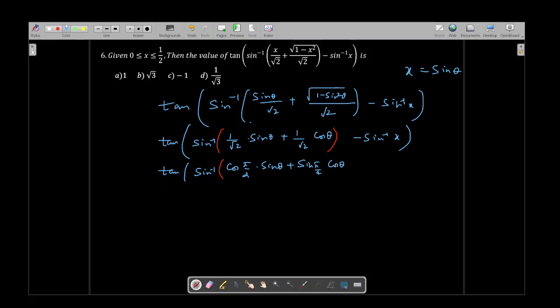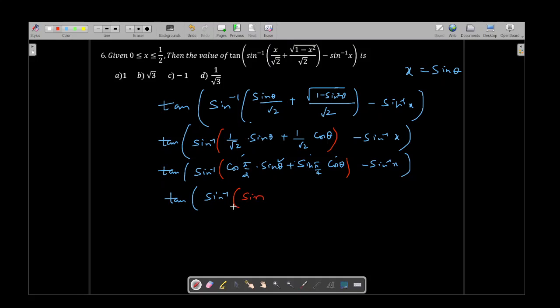So this is cos theta minus sine inverse of x. So now this is sine A cos B plus cos A sine B. I can write this as sine of A plus B.